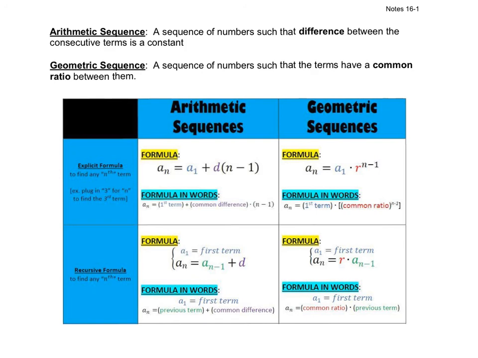I did want you to copy this chart inside your packet somewhere so that you have access to these formulas at home. In the classroom, where the orange formula charts are, there is a half sheet that is white that has arithmetic and geometric sequences on it, and it has the same formulas that are up here on the screen and in your notes.